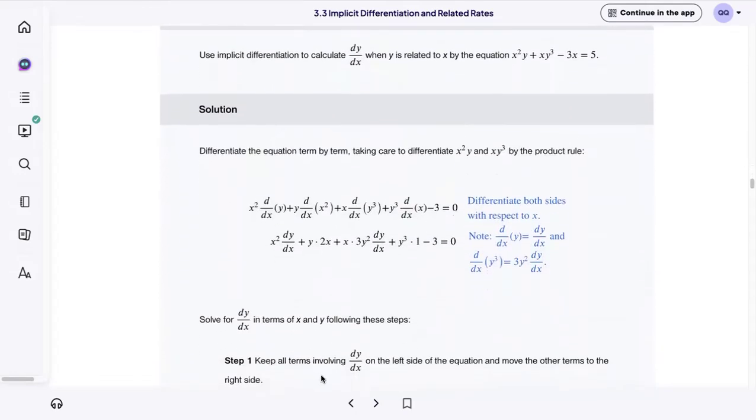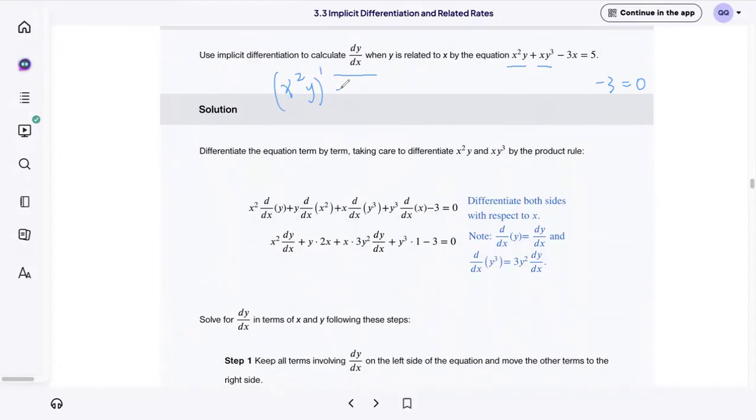Let's see this one. Our goal is to find dy/dx. Right? We see the product rule, right? So this one is easy, just negative 3. The other 5 is a 0. But this one, let's do this on the side. So x squared y, we want to differentiate this.